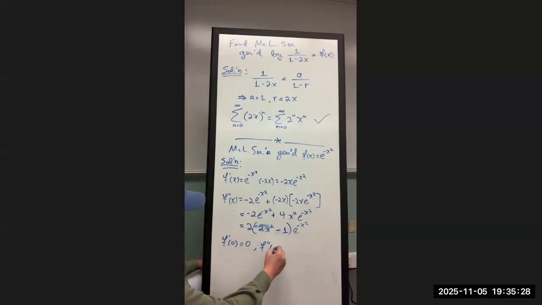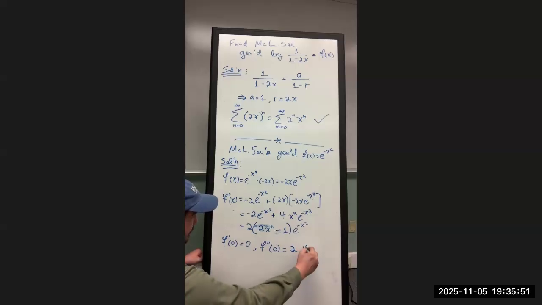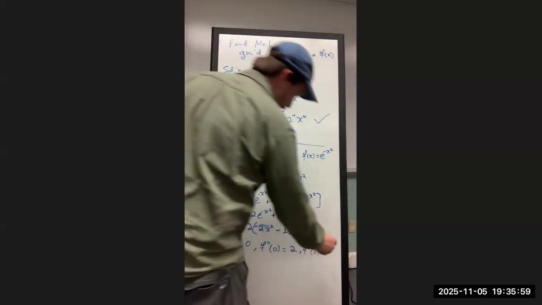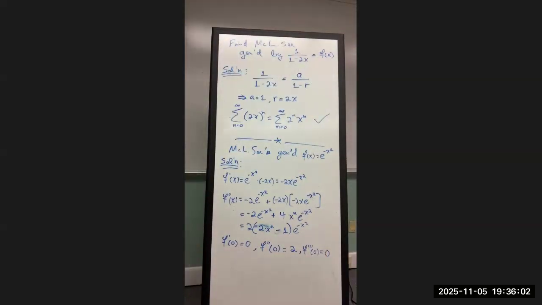F double prime of 0 is negative 2. And then we'd have to take another derivative. And what do you want to bet that when we find that and we plug it into 0, we're going to get 0. How might we see that?